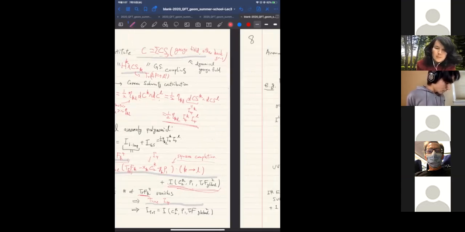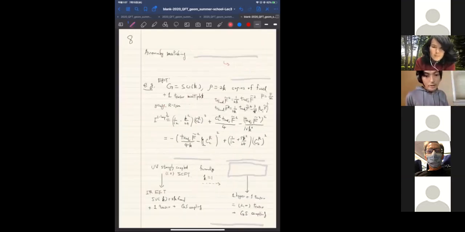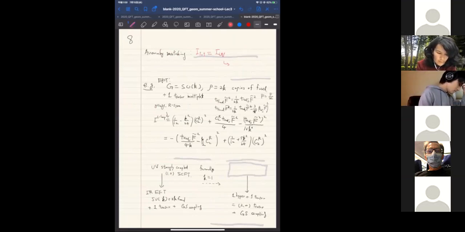Yeah. Okay. So from the first anomaly matching, we expect that this total anomaly is the UV anomaly polynomial. So this is a surprisingly cheap way to obtain some observable from that mysterious strongly coupled system.